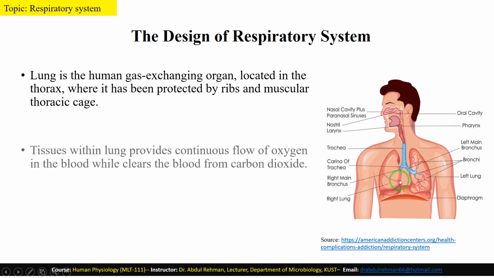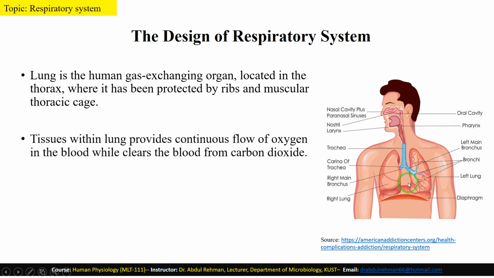Lungs facilitate the exchange of gases with the atmosphere and provide a continuous flow of oxygen within the blood and remove toxic compounds like carbon dioxide, ammonia and other volatile compounds from the body. There are two major portions of the respiratory system, upper respiratory way and lower respiratory way.